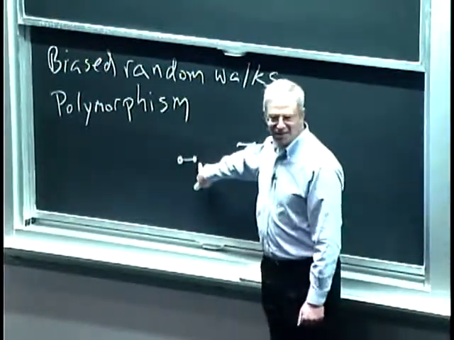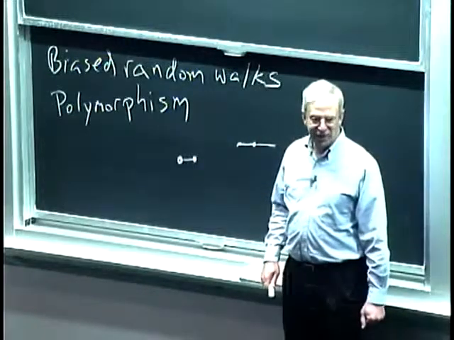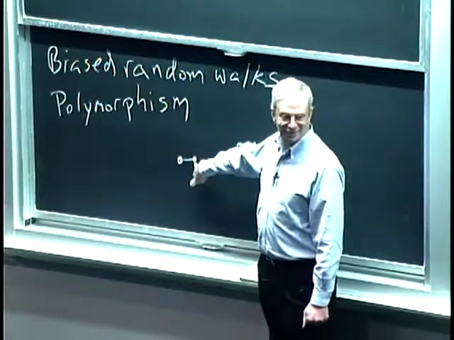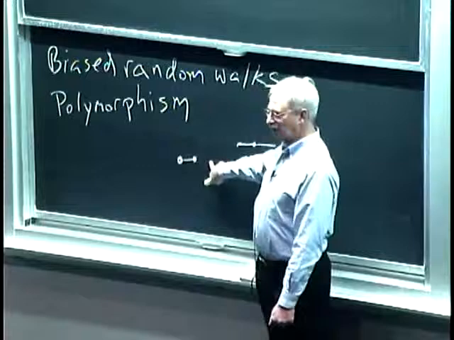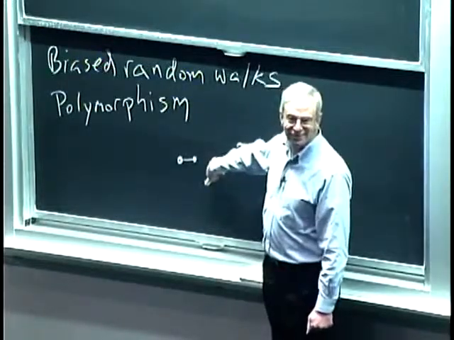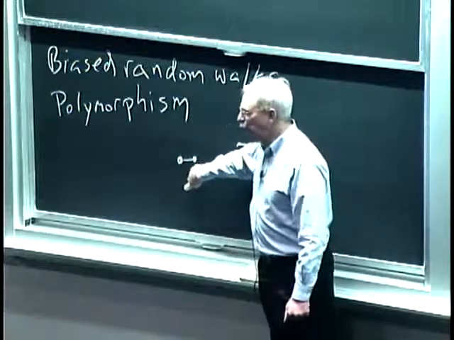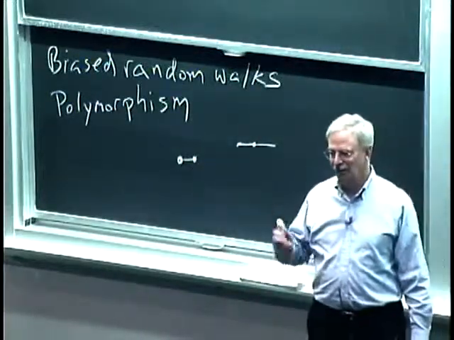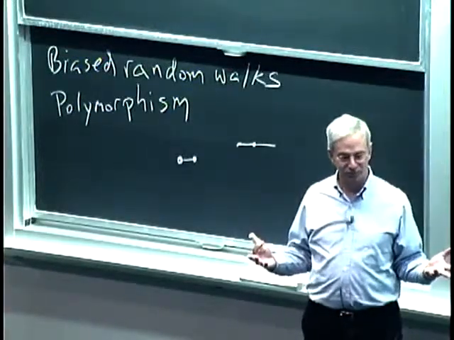But once I've taken a step, and I happen to be here, my expected location, if I'm here, is +1. It's not 0. Because half the time I'll get back to 0, but half the time I'll get to 2. So once I have moved away from where I started, the expectation of where I'll end up has changed.